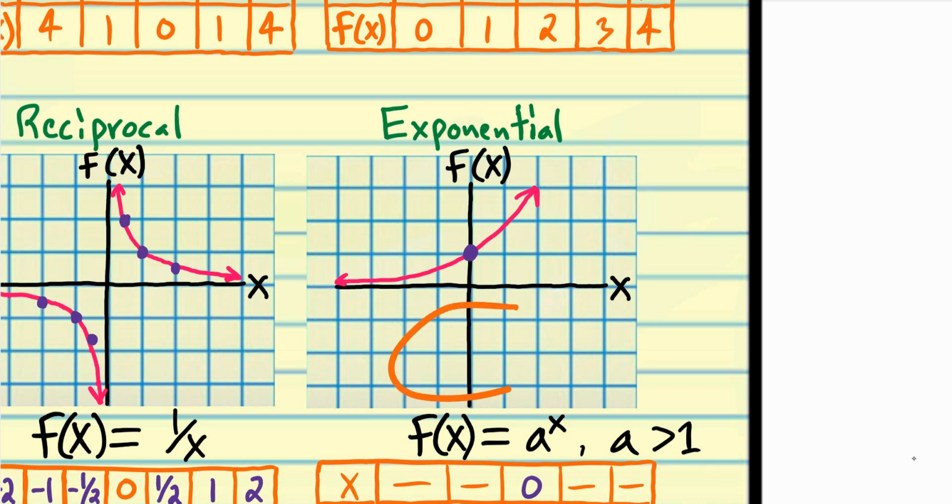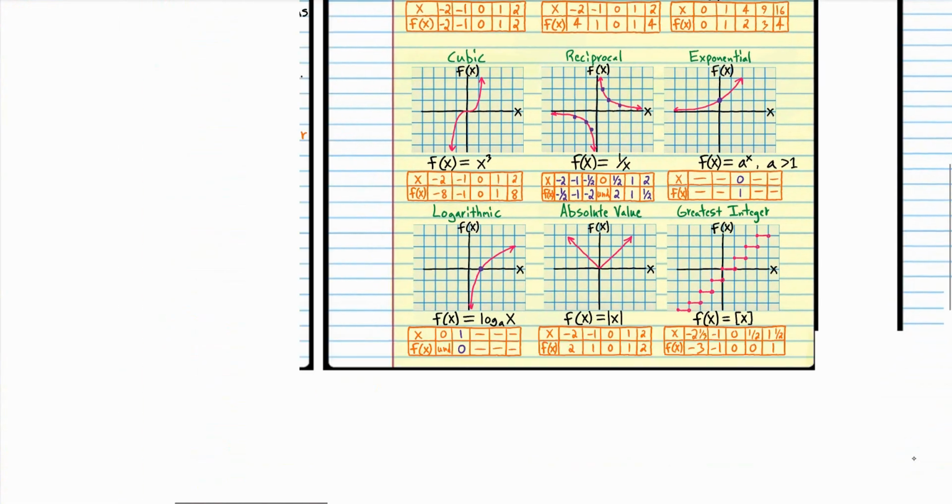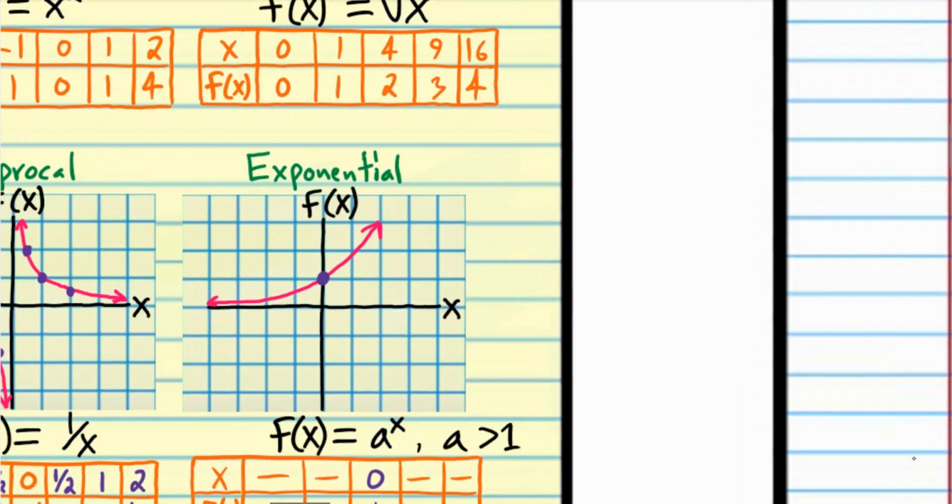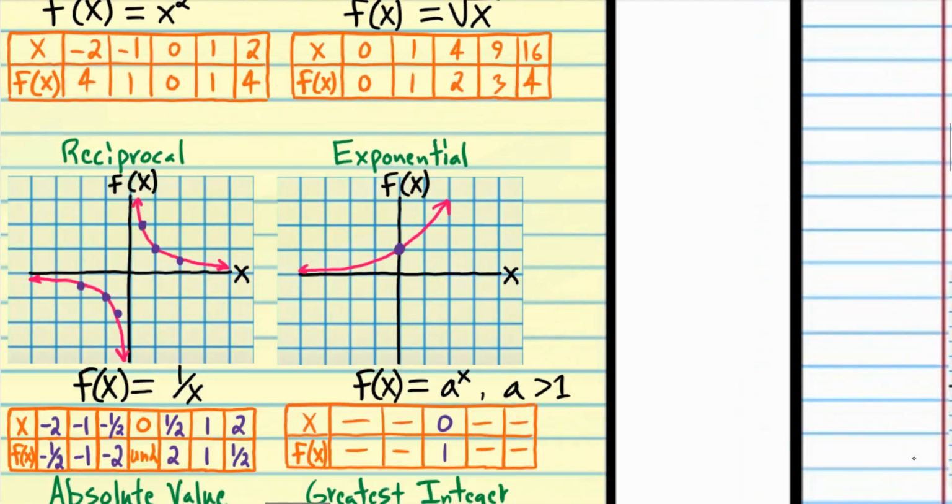So there's no points with negative y values. Also, we know that this graph never touches the x-axis, so there are no points with y values that are 0. So the range is all real numbers greater than 0.